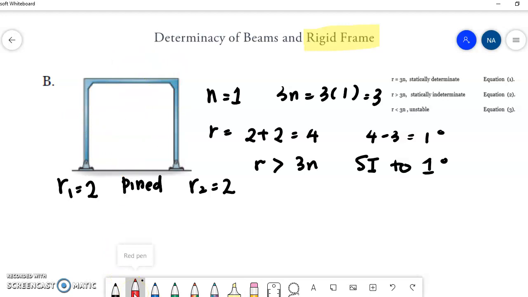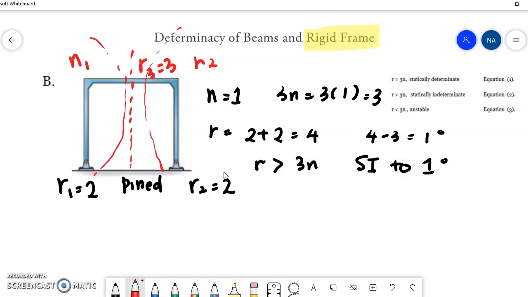So let's see if we do the cutting loop. Okay, so if we do a cutting loop, let's say here, it will have an internal reaction here. So R3 will become 3. So number of parts are n, n1 and n2. So this one for n1, this one for n2.